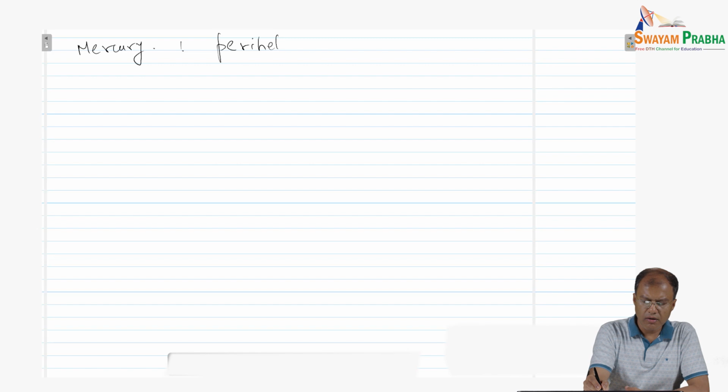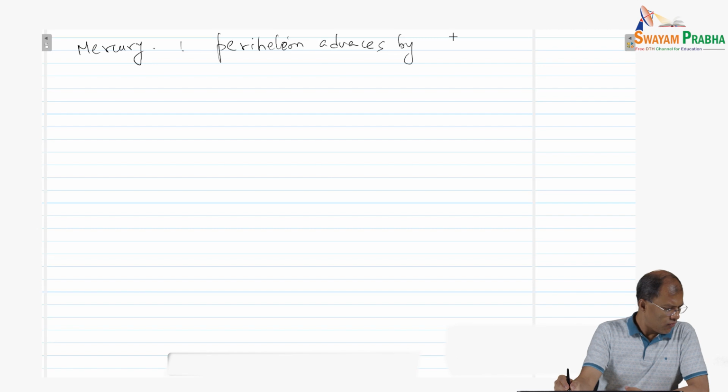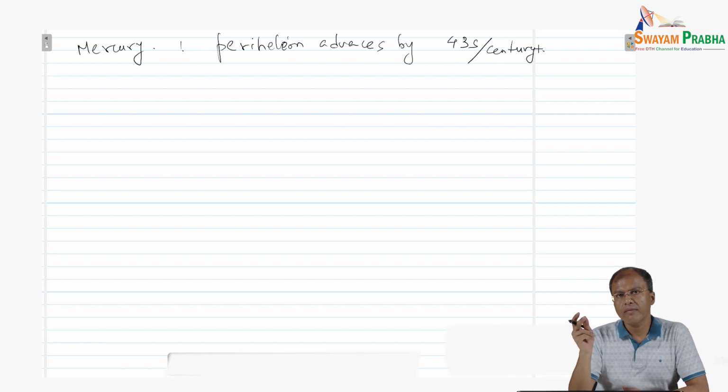The perihelion advances by 43 seconds per century, right? So which means that every 100 years the angle has exceeded 2 pi by 43 seconds of arc, right?